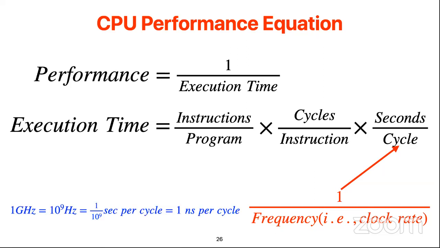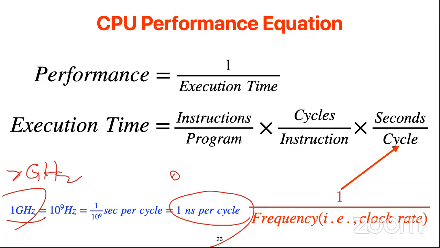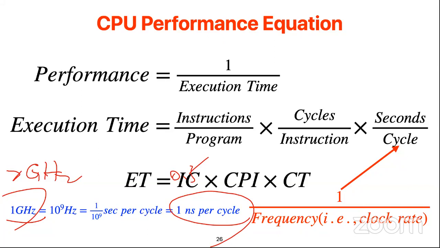A very quick way to convert frequency to cycle time: if it's a 1 gigahertz processor, the cycle time is 1 nanosecond. And if you have a 2 gigahertz processor, the cycle time would be half a nanosecond. In this way, it should be easy for you to calculate.